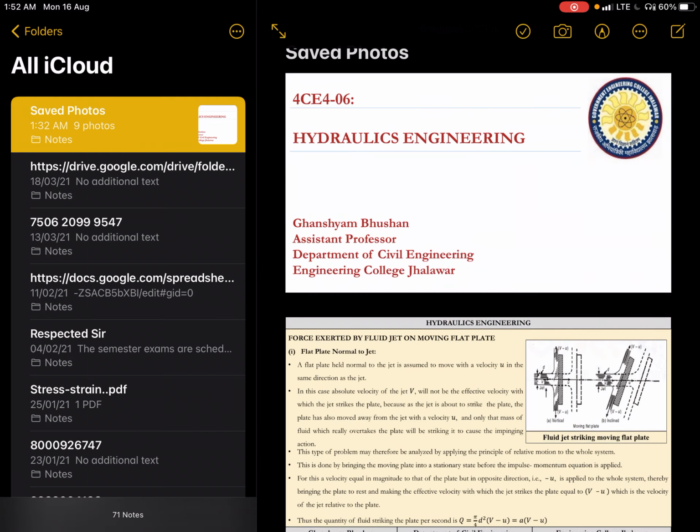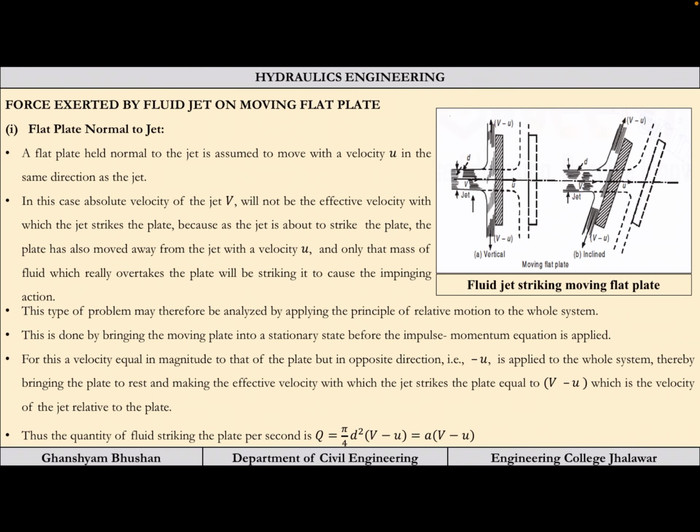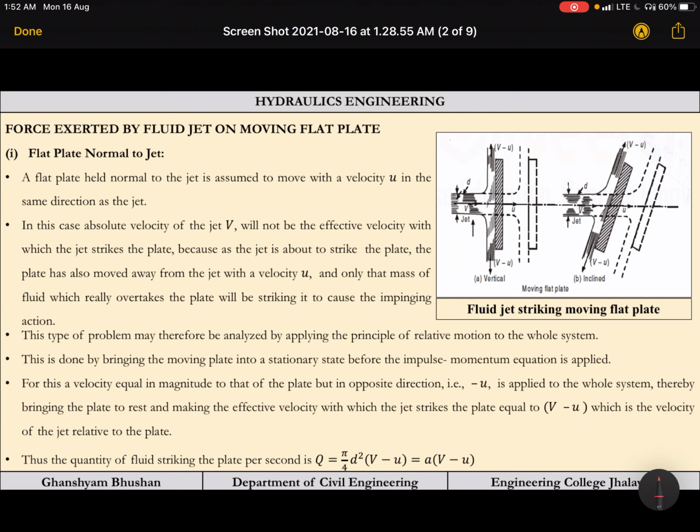Now we are going to discuss the next case, which is when the plate is also moving. So the jet is moving with a speed of capital V, and the plate is moving with a velocity of small u. You can see this picture. First we are discussing when the flat plate is normal to the jet.